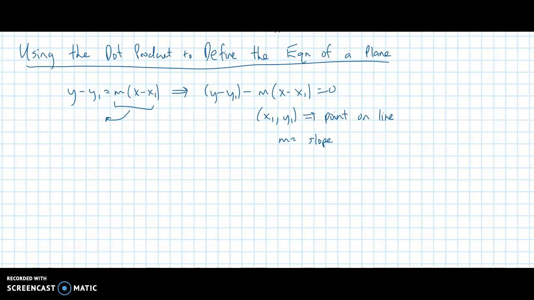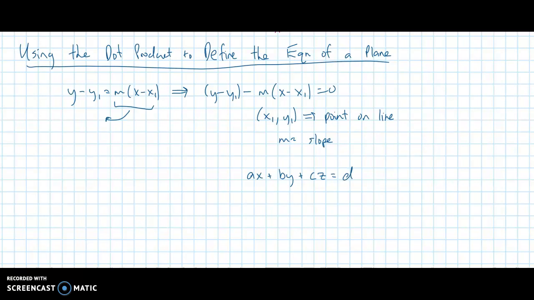So the equation of a plane is, I'm going to write it out and then I'm going to include a graph for you. It is ax plus by plus cz equals d.